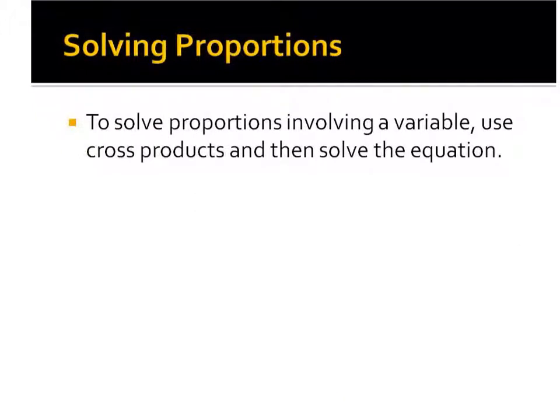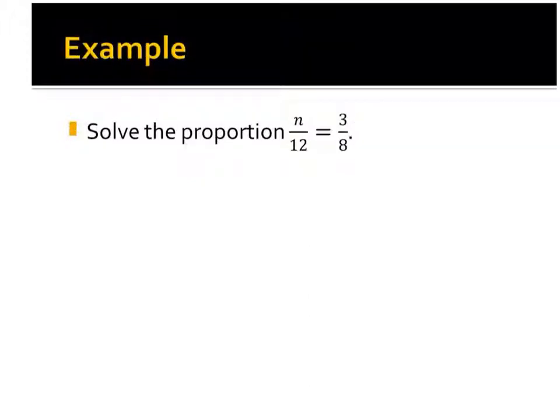Continuing with that, to solve proportions, we're going to use cross products. Do your cross products, set your two products equal to each other, and then solve the equation. Looking at n over 12 equals 3 over 8, if I'm going to solve for n, our cross products are this product, which is 8n, equals this product, which is 36.